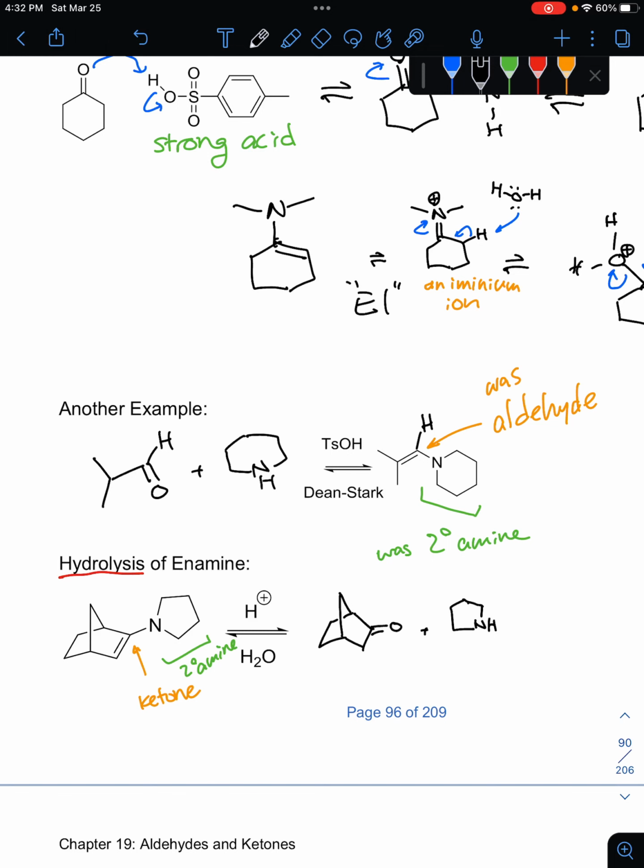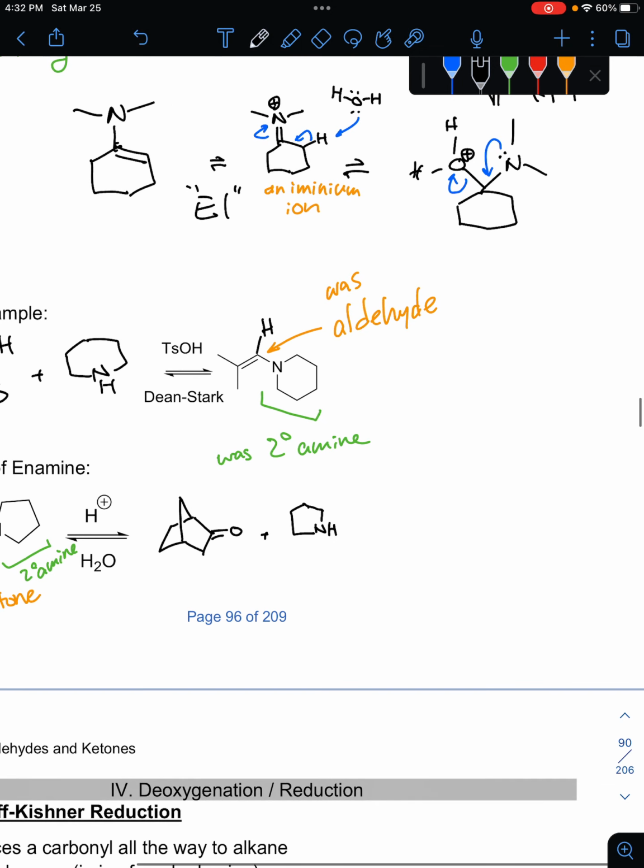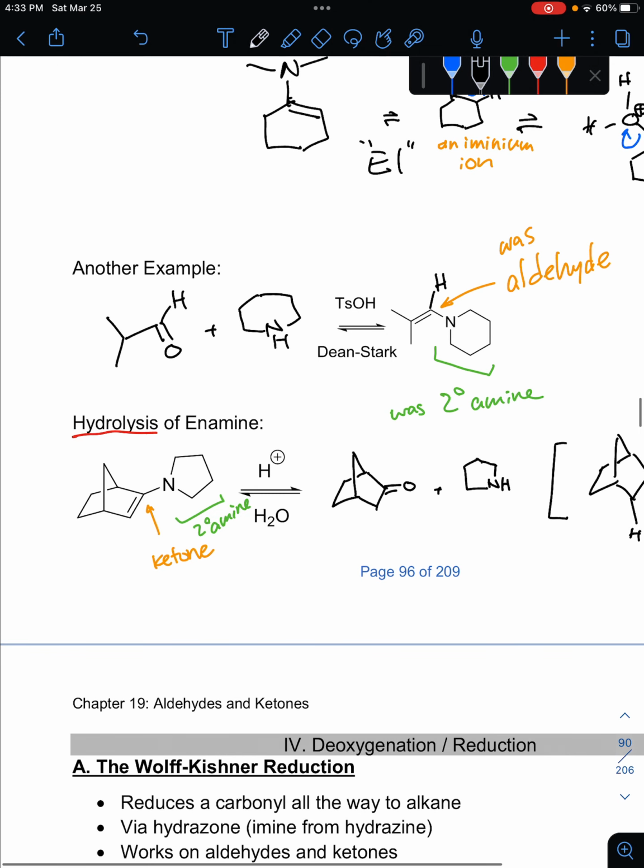Even though we said we won't go through the mechanism, I want you to know what the first step looks like, because once you get through the first step, you can usually figure out the rest.